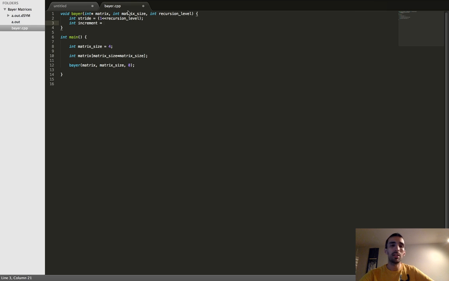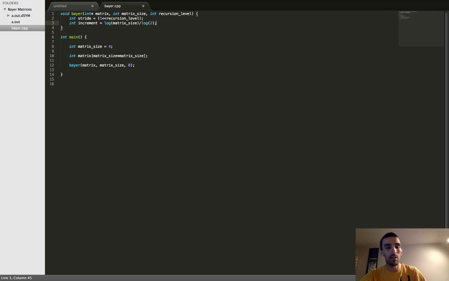So I have this matrix size parameter, and I want to know how many times I divide that by 2 before I get to 1. But there's got to be a fast way to do this. I don't want to actually have to run the log function. I don't want to have to say log of matrix size divided by log 2.